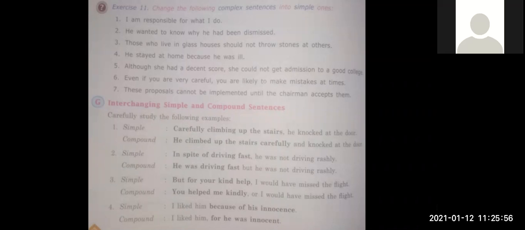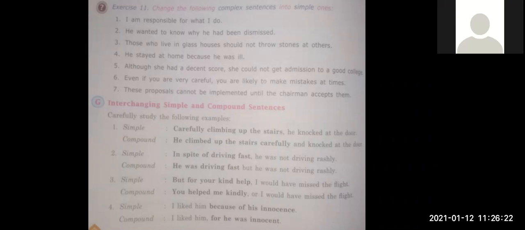But for your kind help, I would have missed the flight. It means if there had been no help from you, I would have missed the flight. You helped me kindly, or I would have missed the flight. This means the one is trying to convey the meaning in two ways. The first one is talking in a simple way, and the second one is using a coordinating conjunction, or, to talk in a different way.